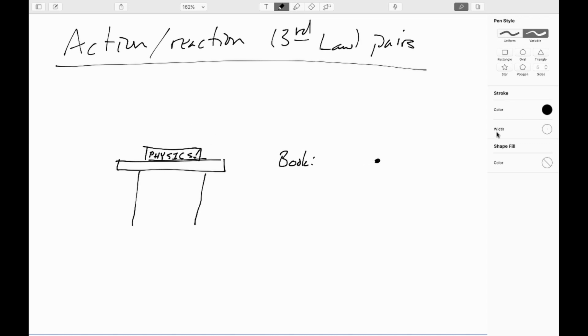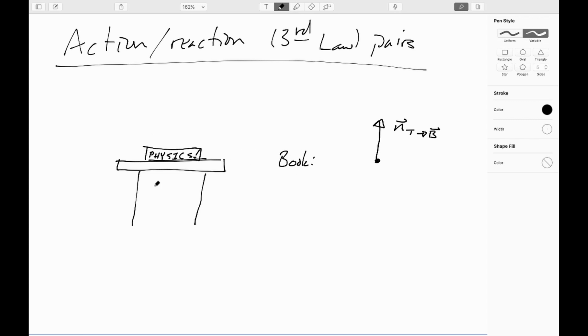So if you want, you can start by doing a force identification diagram. If we draw a circle around the book, we see that the circle cuts through the table. So there must be a normal force from the table on the book, and I'll be extra pedantic when I'm writing these for reasons that'll become apparent in a moment.